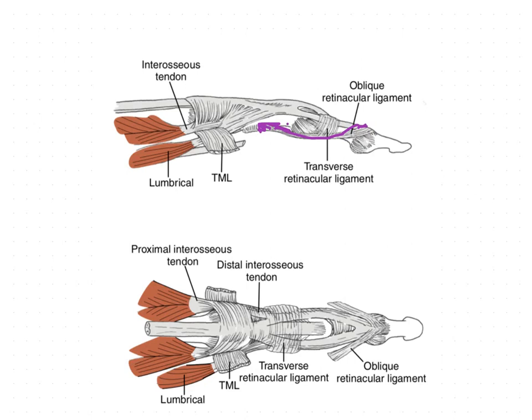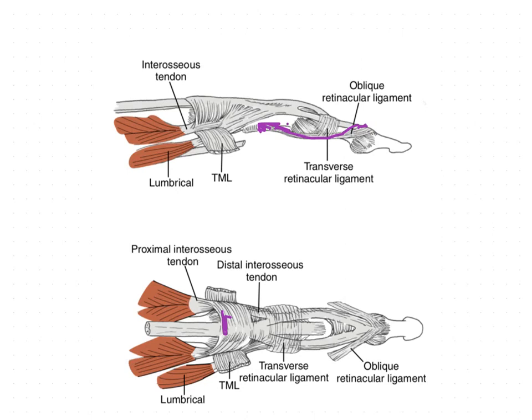Now we will see how these structures influence different joints: the influence of this extensor mechanism on the metacarpophalangeal joint as well as the PIP and DIP. First, we will see the influence on MCP joint function.